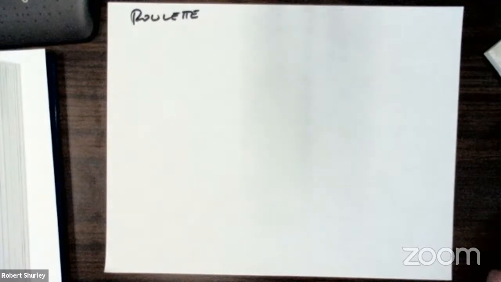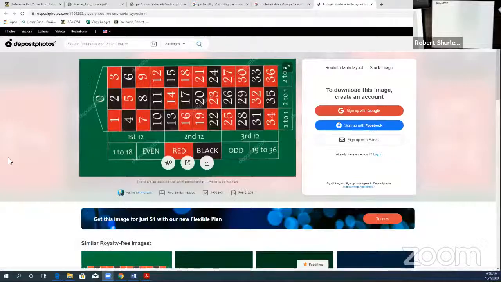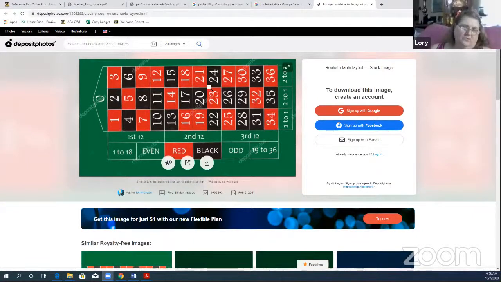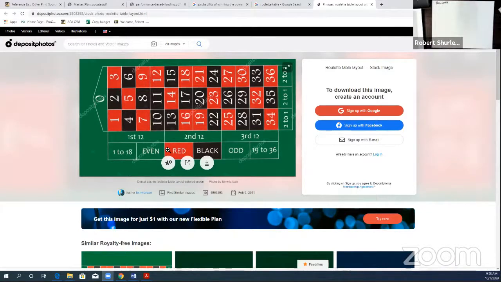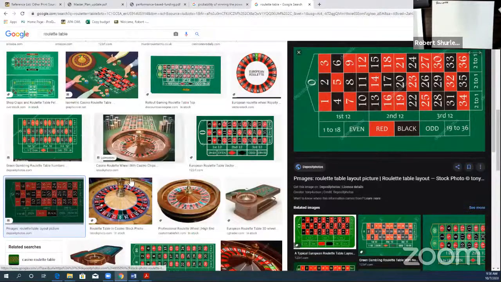So if you look at this roulette wheel, can you guys see this? Well, it's not the wheel, it's the board. I'm not worried about the wheel. That's not a good example either because there's usually 2 zeros, not just 1 zero.